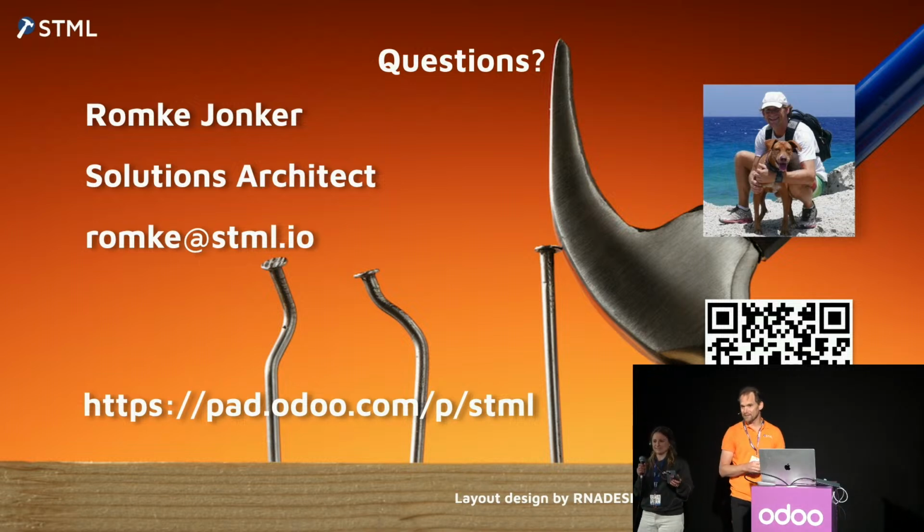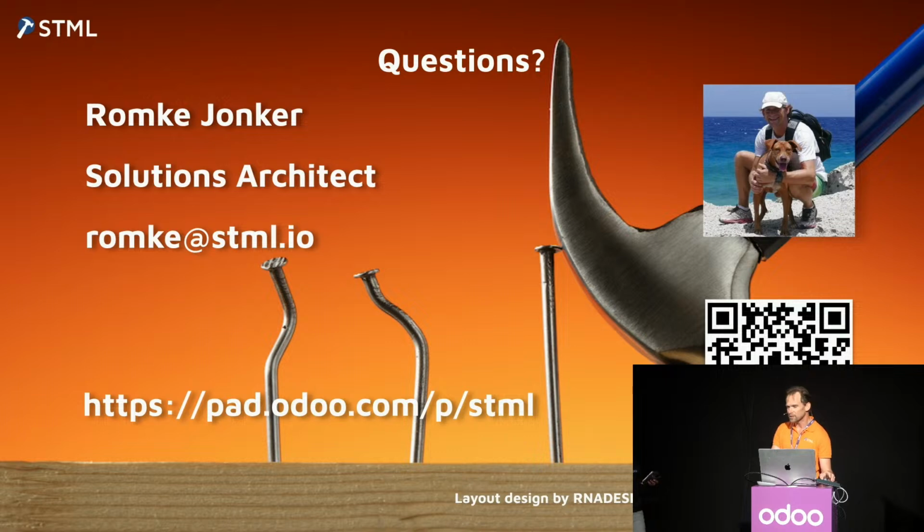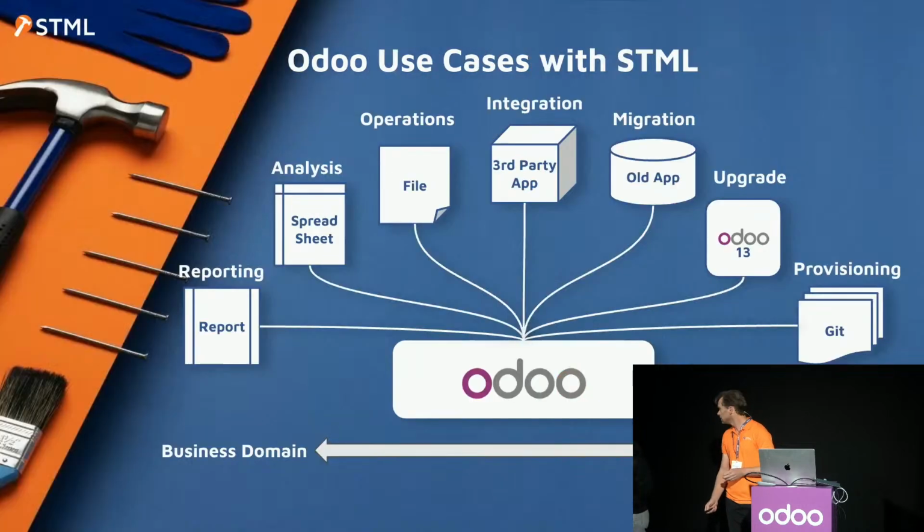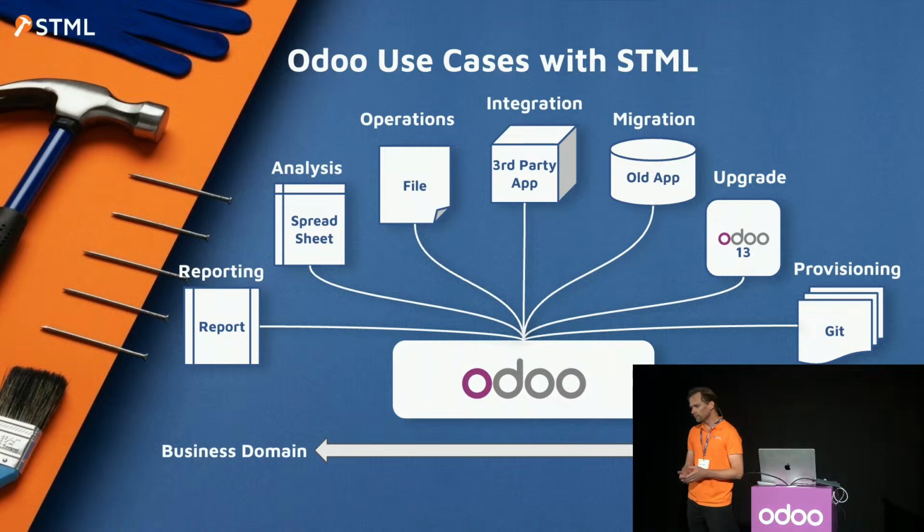Who is your intended audience? Great question. I haven't really touched on that. I think I do have a slide on that. Yeah, this is a good one. So this is a slide with a number of scenarios that you can think of. Now, we just looked at provisioning and data migration. They were sort of in the technical field. But obviously, this is very useful for operations, for data analysis as well, and even for reporting in a business domain.